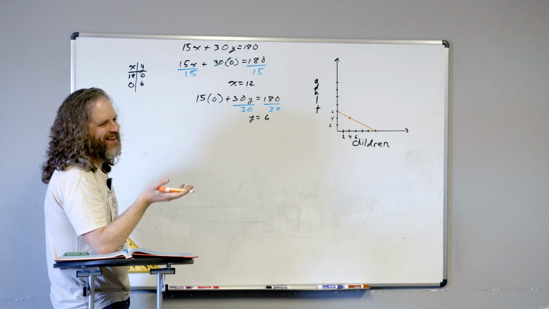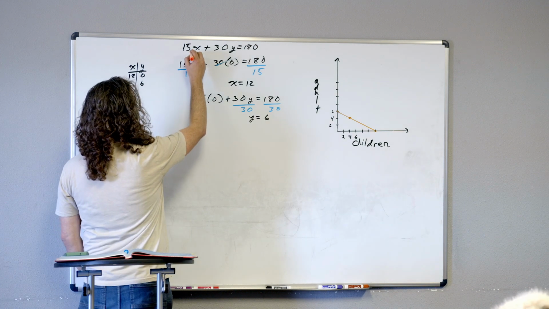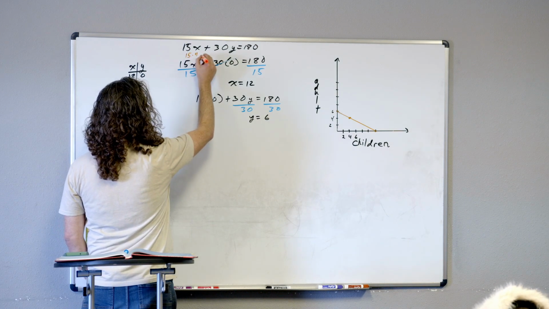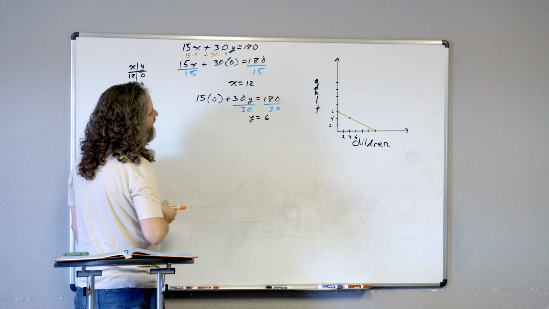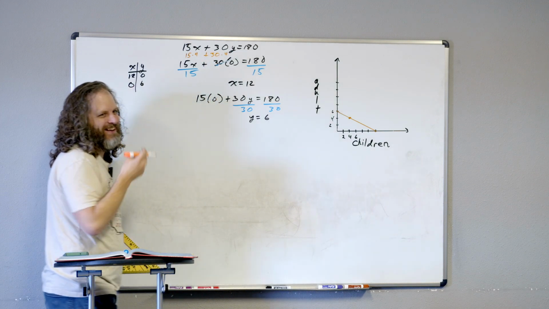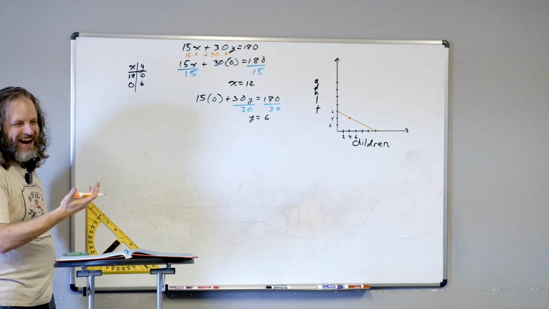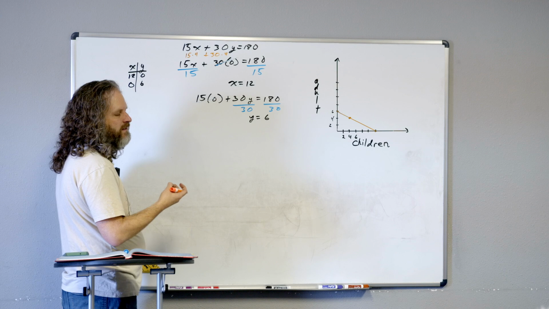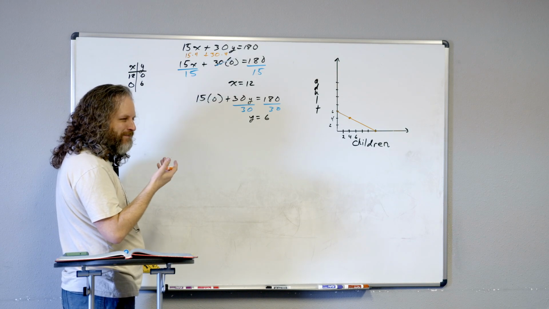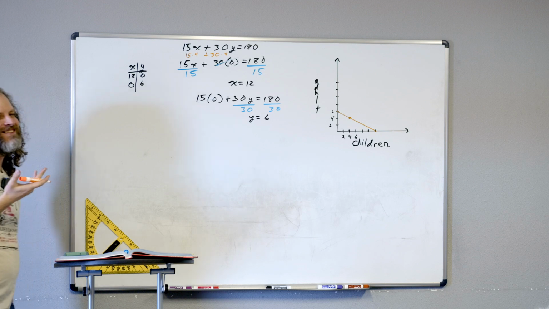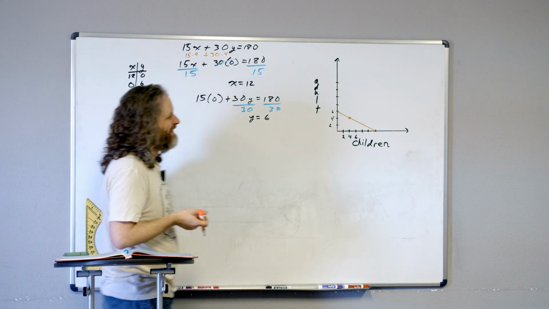I got 1,800. 15 times 4 plus 30 times 4. 60 plus 120, that's 180. Oh, it's because I multiplied the wrong thing. Double check your work before speaking nonsense. Yo, it's 180.